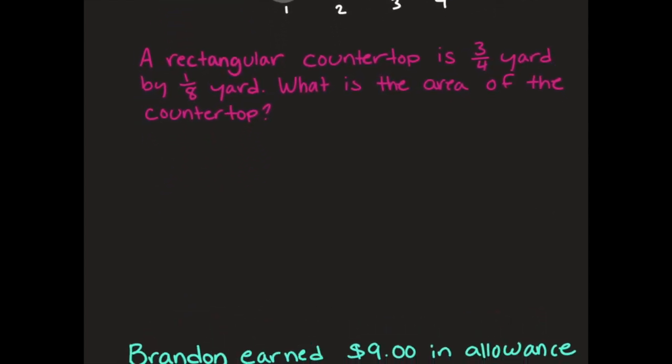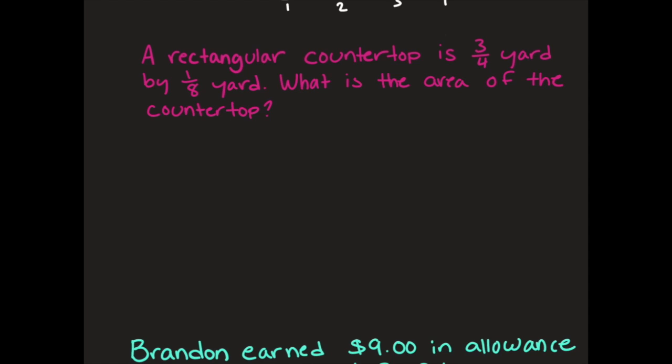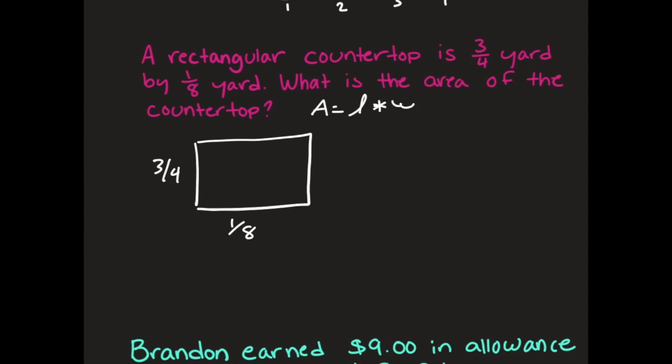Okay, here's our next one. A rectangular countertop is 3/4 yard by 1/8 yard. What is the area of the countertop? Let's say that here's my counter, and it is 3/4 yard by 1/8 yard. We've done area before. Area equals my length times my width. So I'm going to write that down. I have 1/8, my length, times my width, which is my 3/4.